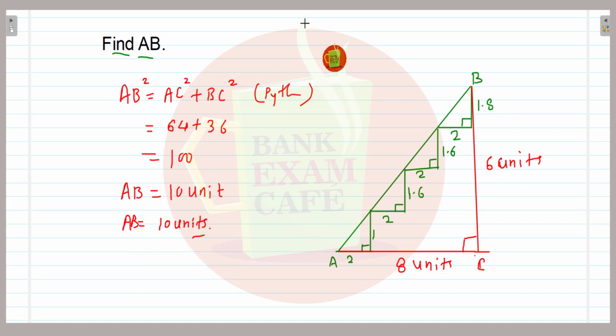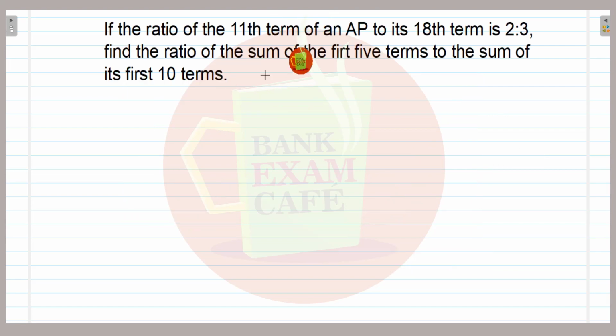Now let us move to the next question. The question is that if the ratio of the 11th term of the AP and the 18th term is 2:3, find the ratio of the sum of the first 5 terms and the sum of its first 10 terms.